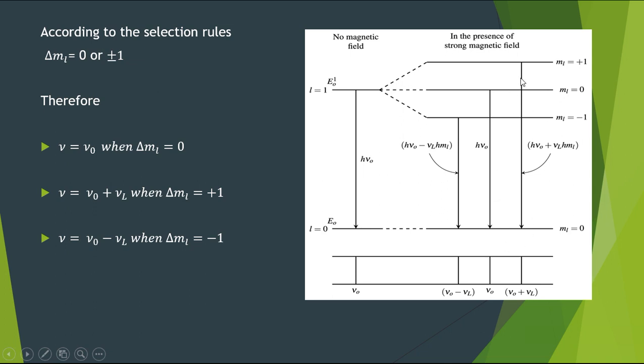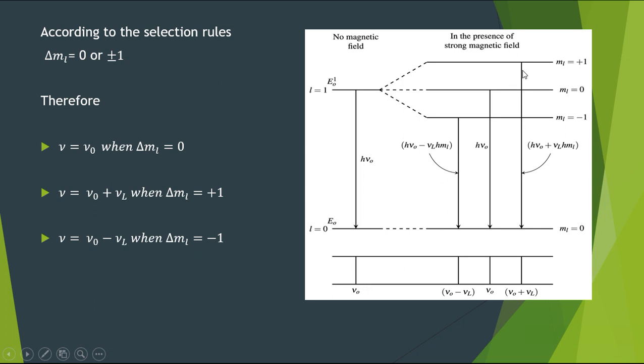Now the transitions between these sub-levels are according to the selection rule delta ml is equal to 0 or delta ml is equal to plus or minus 1. The central line here corresponds to the transition for which delta ml is equal to 0. The corresponding spectral line has the frequency nu naught, same as that of the parent line or original line.